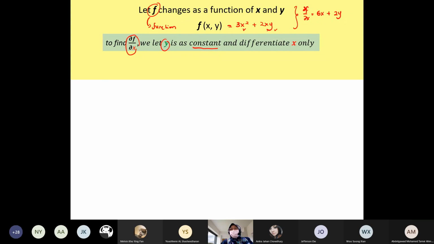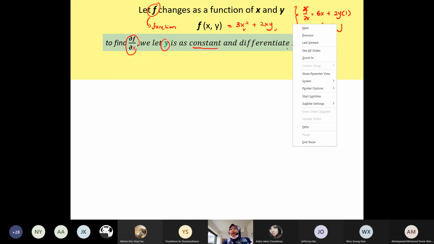When you differentiate x, what do you get? 1. So when you differentiate x, you get 1 here. This is how you do the partial differentiation of this function. So you have 6x plus 2y.